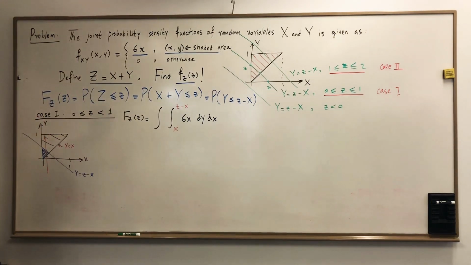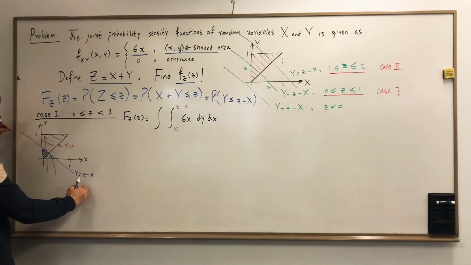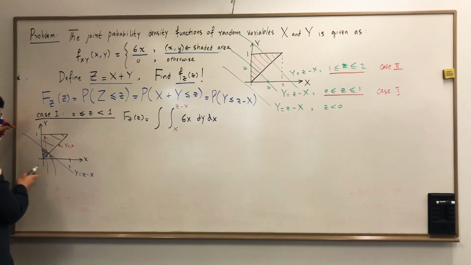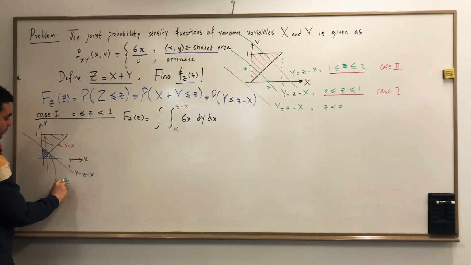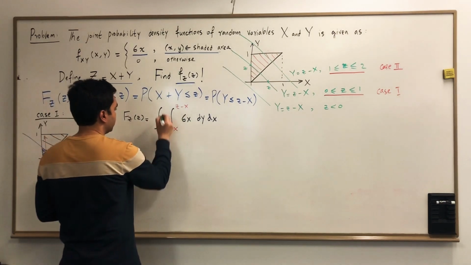And for x, the limits go from 0, from this point here, all the way up to this intersecting point. And if we find the intersection between this line here and this line here, we'll figure out that x will be z over 2. So the limits for x are 0 to z over 2.